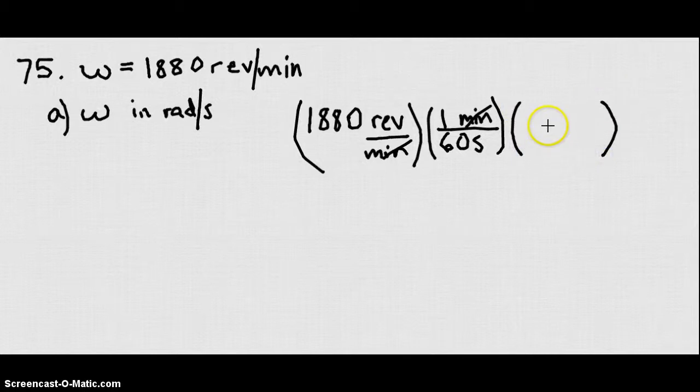We know that in one revolution there are 2 pi radians. So we'll just go ahead and cross out our revolutions. We end up getting 1880 divided by 60 times that by 2 pi. We should get 197 radians per second.